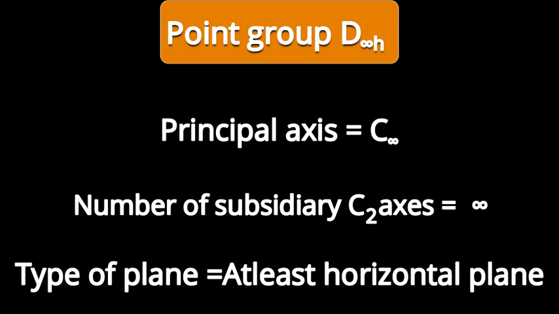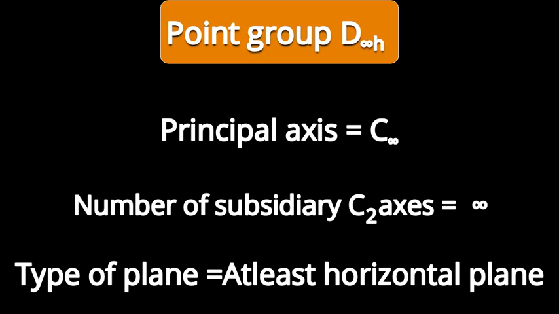And third, in this collection of symmetry operations, there should be at least a horizontal plane. Other kinds of planes may or may not be possible, but in this point group they do exist.